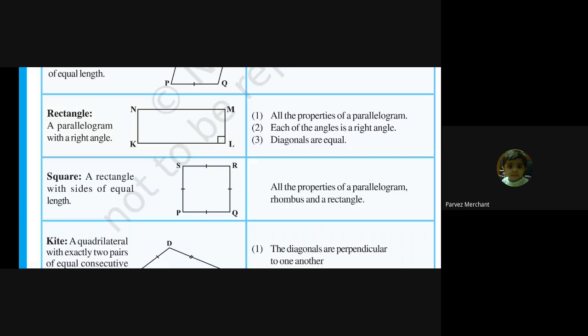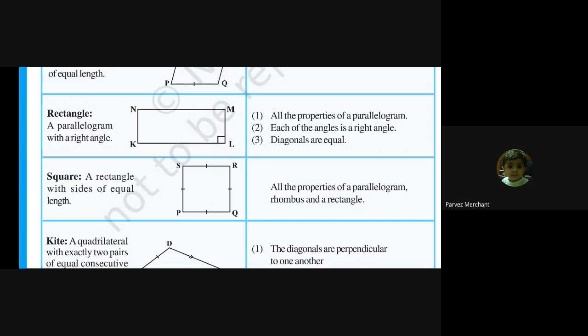In a parallelogram, the opposite angles are equal, but here in a rectangle, all the angles are 90 degrees. And one more property is that the lengths of the diagonals are equal.